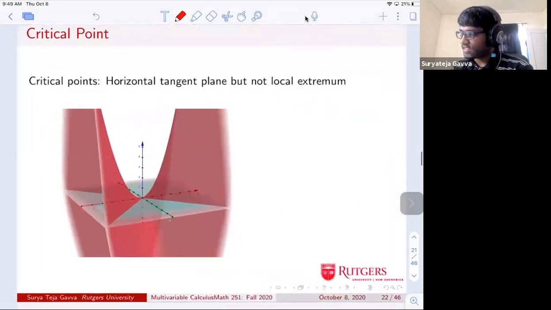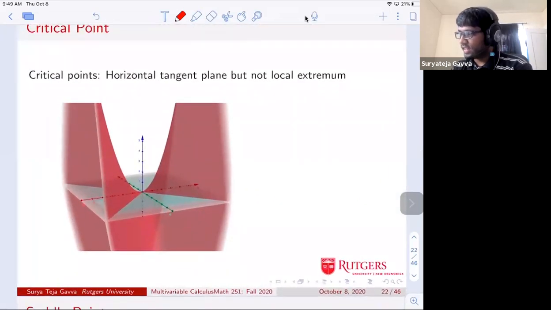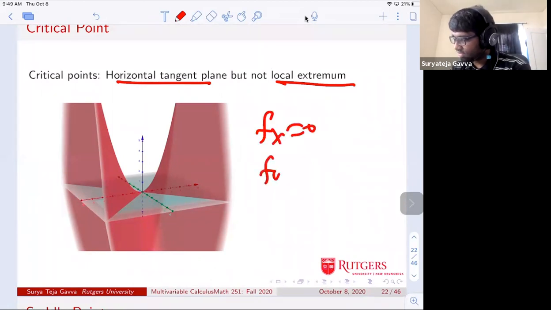And the third case is that it has a horizontal plane, it has a derivative, and the derivative is 0, fx equals 0, and you'll see fy equals 0, but it's not a max or min. Because you'll see that along one axis it's a min, along another axis it's a max.